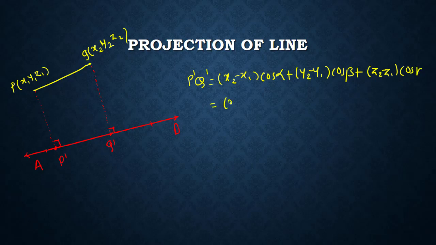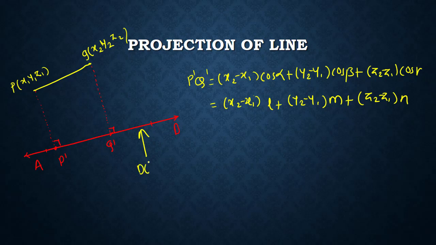Or you can write (x2 minus x1) L plus (y2 minus y1) M plus (z2 minus z1) N, where L, M, N are the direction cosines of line AB. Please make sure that L, M, N are the direction cosines of AB, not PQ.